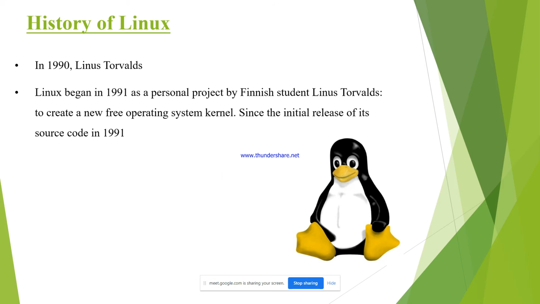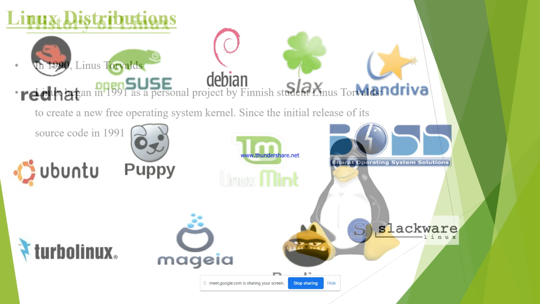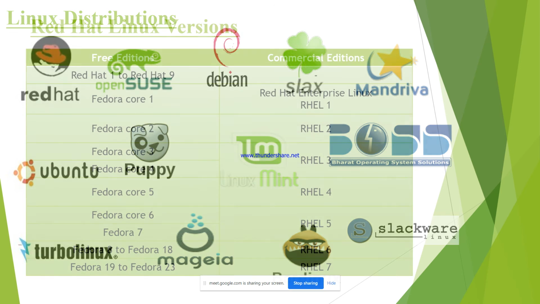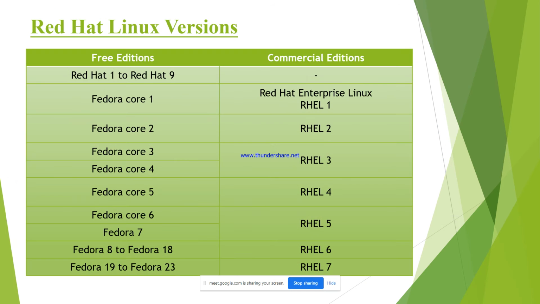Coming to flavors, we have different types of flavors, like Red Hat, Ubuntu, and a few more flavors also available. These many flavors are available outside. Coming to versions, how many versions do we have?